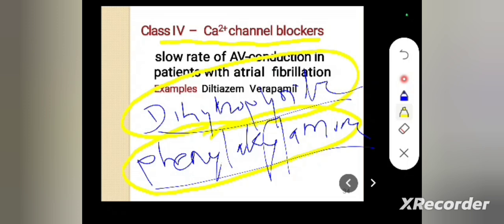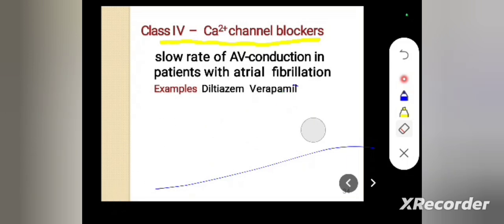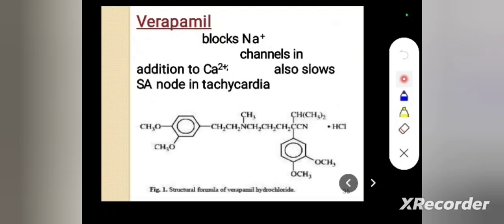So remember that among the calcium channel blockers, only two drugs are used to treat arrhythmia, diltiazem and verapamil. They show the antiarrhythmic property by slowing the rate of AV conduction in patients with atrial fibrillation. So this is a little about calcium channel blockers acting as antiarrhythmic drugs.